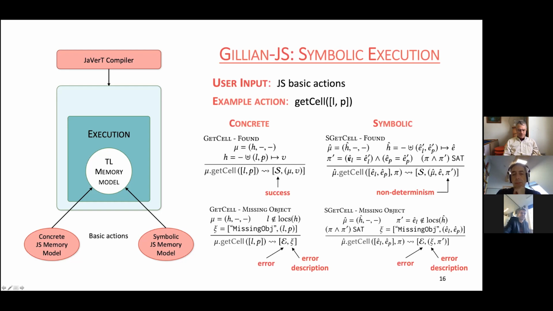As long as they are equal, as given by adding a path constraint to the original path constraint pi, and as long as this is satisfiable, then we're in the success case. We might be in more than one success case because the match between this symbolic location and property with the heap might have more than one answer. And then we have the error case as well.